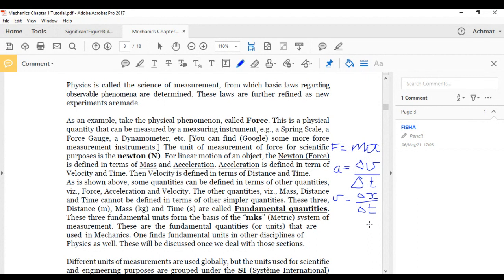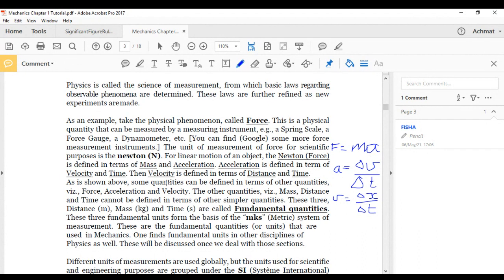Distance or length over time will be velocity. So force can be defined in terms of mass and acceleration. Acceleration can be defined in terms of velocity and time. Velocity can be defined in terms of distance and time.